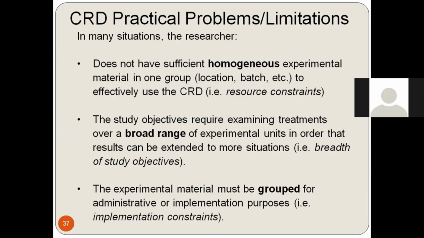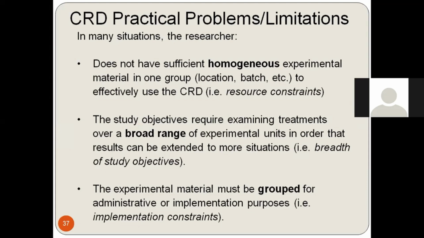Maybe in one group, location, batch, etc., to effectively use the completely randomized design, or the study objectives require examining treatments over a broad range of experimental units in order that the results can be extended to more situations.